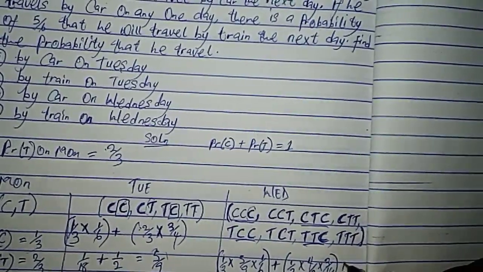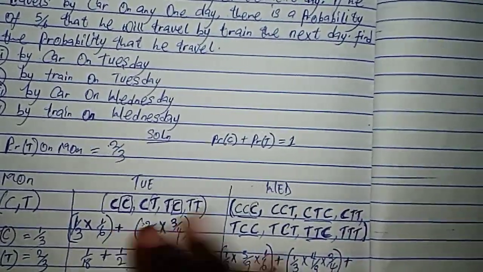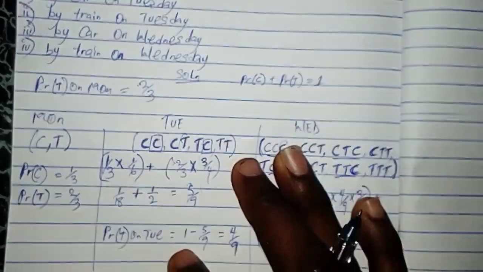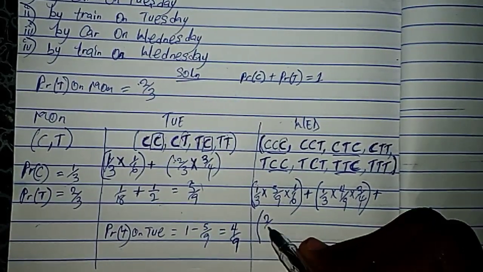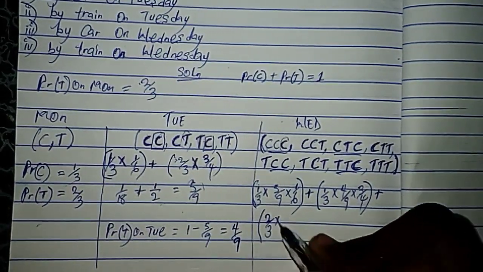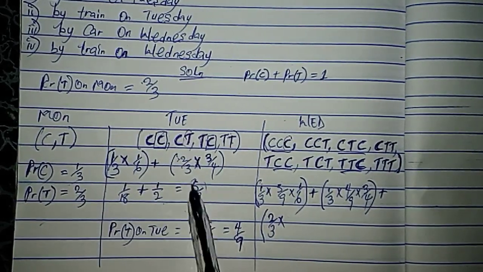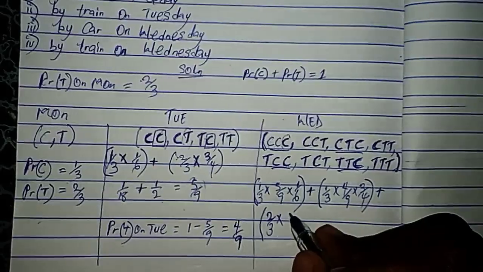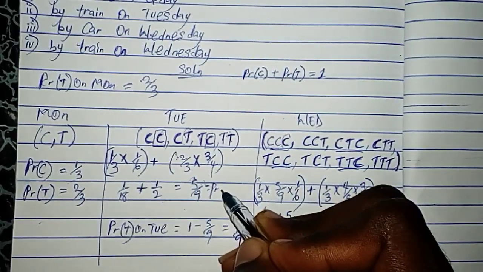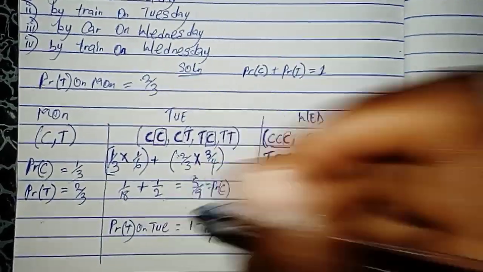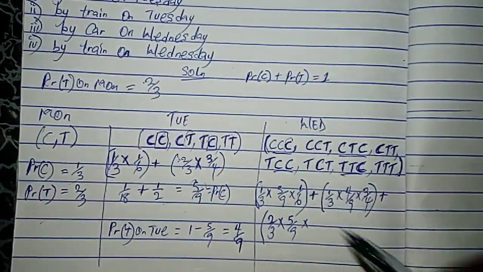Now, adding up again, we would have probability of train on Monday, sorry for that. Train on Monday from here, that is 2/3 times car on Tuesday. Probability of car on Tuesday, that is 5/9. I didn't write it. This is equal to probability of car on Tuesday, 5/9, times probability of car on Wednesday.